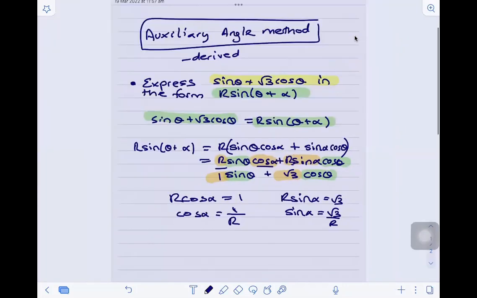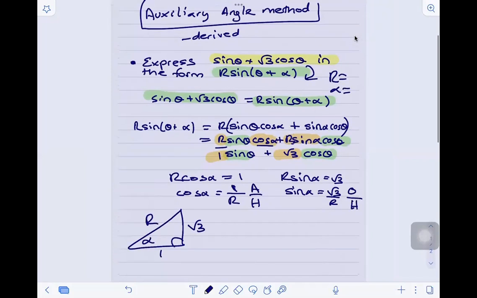So what that means is that when you're expressing this in this form, you want to find r and you want to find alpha. So if you put alpha into a triangle, cos is adjacent on hypotenuse. That's 1 on r. Okay, and sine is opposite on hypotenuse. So that's root 3 on r.